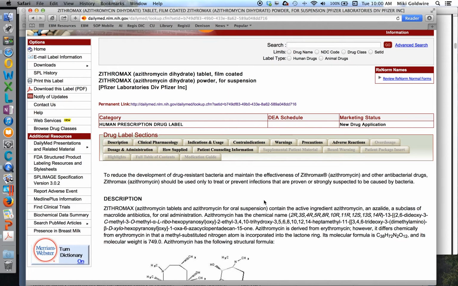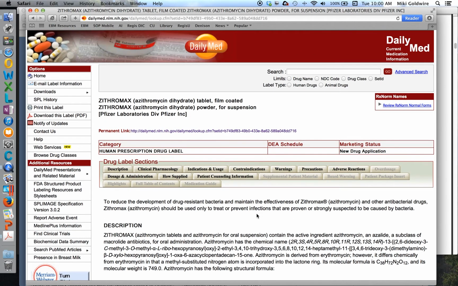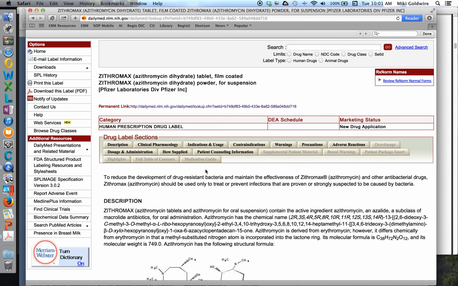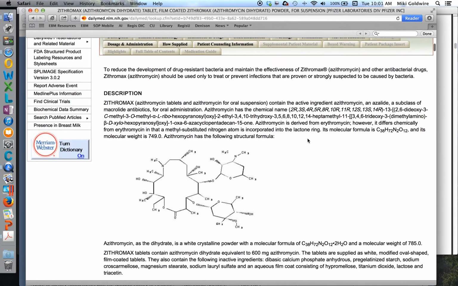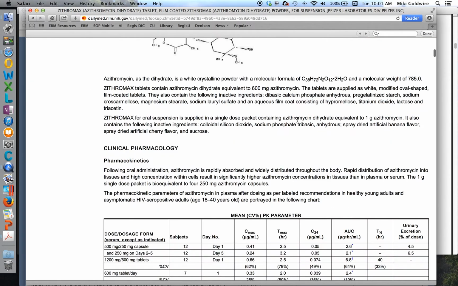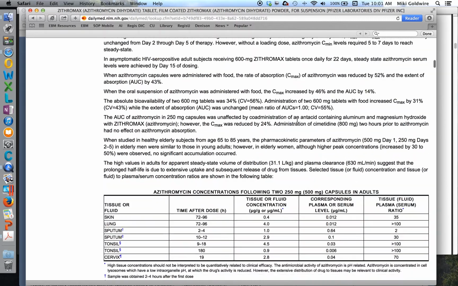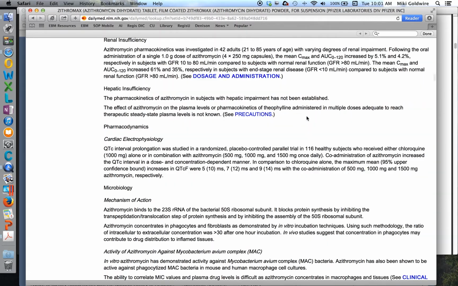Oftentimes I will direct students to package inserts. Again, you can access the package insert, and one of the things I like in the package insert are the descriptions. A lot of times you can find this in the drug databases. But if you thumb through the PI, all PIs now, because of the 2006 ruling from the FDA, are the same. They have the same headers.